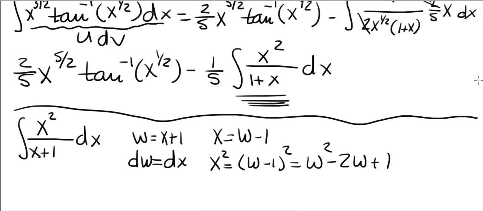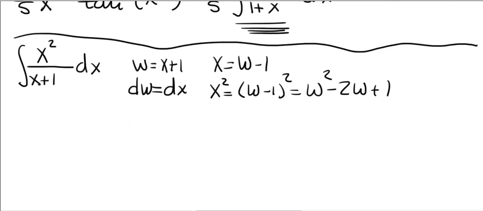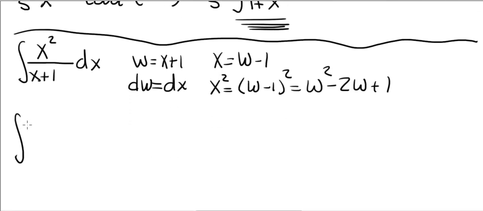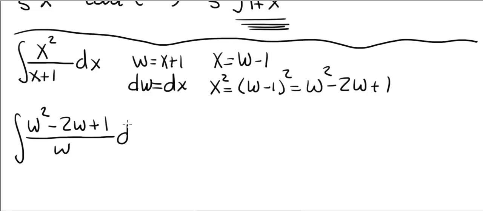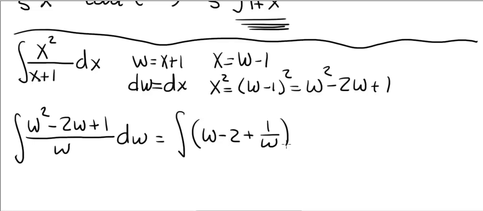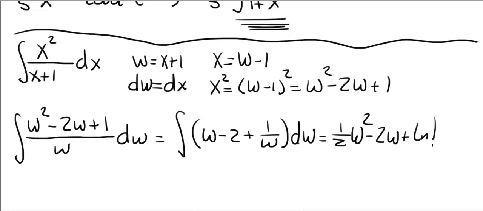Let's rewrite this integral in variable w. It becomes the integral of w squared minus 2w plus 1 divided by w dw, and this is the integral of w minus 2 plus 1 over w, and so we have 1/2 w squared minus 2w plus natural log of absolute value of w.